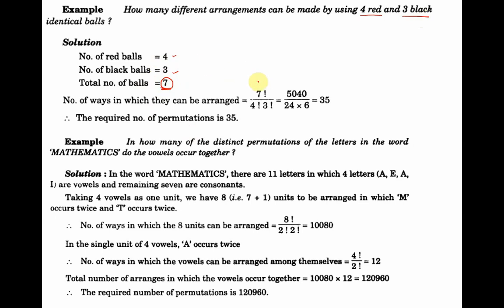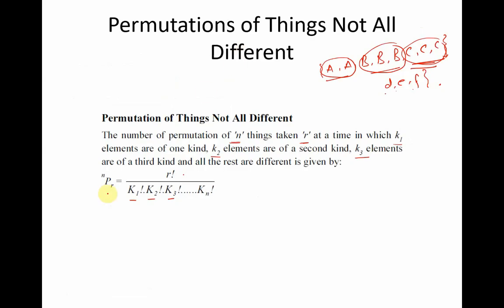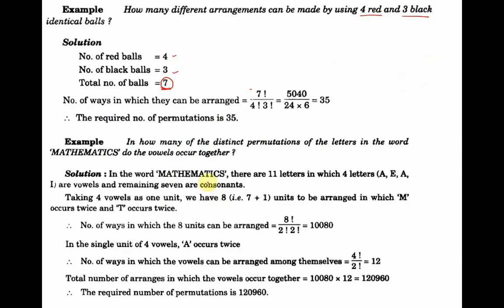Now, remember the formula says NPR is equal to R factorial divided by K1 factorial, K2 factorial, K3 factorial and so on. So this becomes 7 factorial divided by, as 4 items of one kind, so 4 factorial, and 3 items are of a different kind, so 3 factorial. So I have 7 factorial divided by 4 factorial multiplied by 3 factorial, that gives me a value of 35.